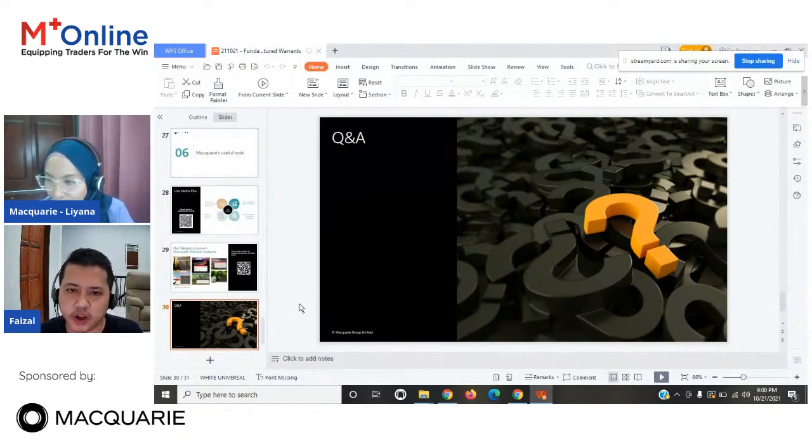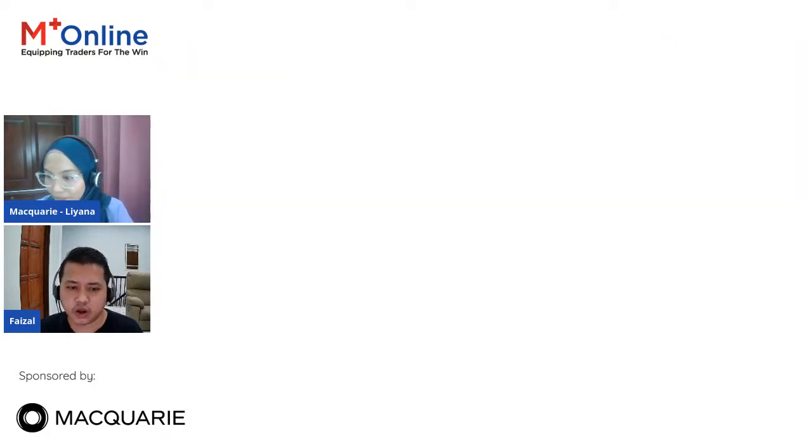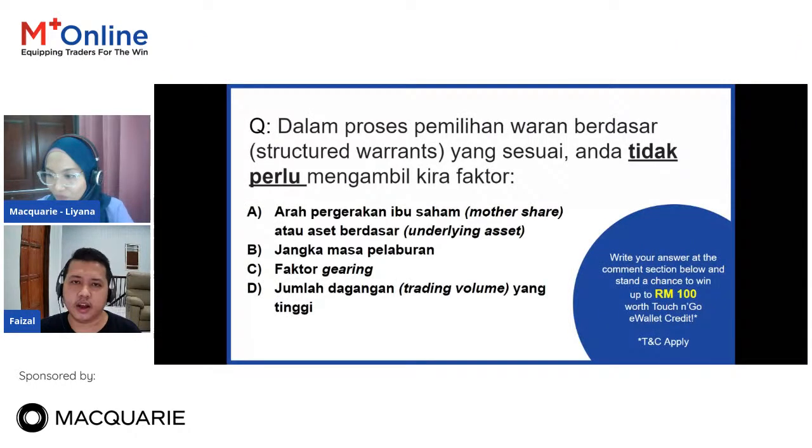Before kita proceed dengan Q&A, just to recap the question, kita punya quiz top 5 campaign. Dalam proses pemilihan structured warrant yang sesuai, anda tidak perlu mengambil kira faktor yang mana satu?